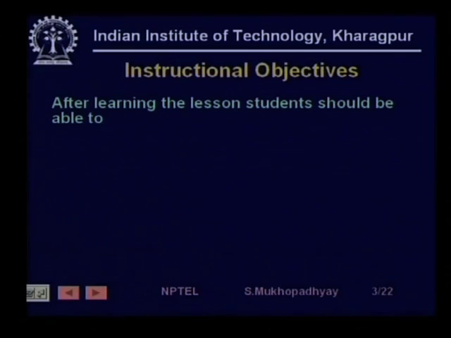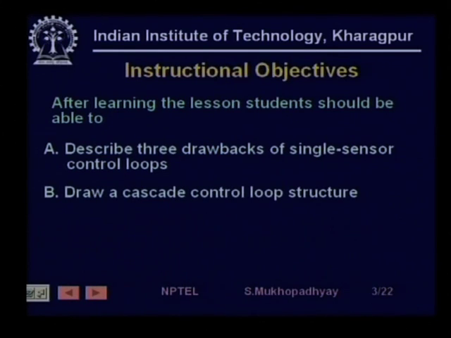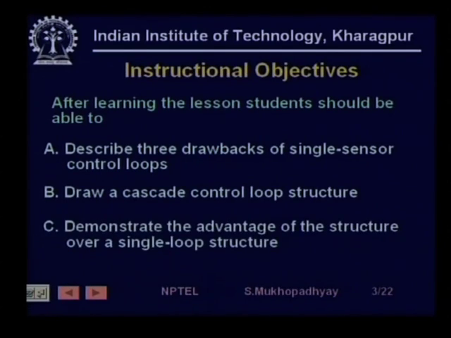So, before we do that, let us first see the instructional objectives. Today after learning this lesson, the student should be able to describe some drawbacks of single loop control, and based on some of these drawbacks we can see that cascade control will address some of these drawbacks, and therefore, we will learn cascade control, and he should be able to draw a cascade control loop and demonstrate the advantages of this structure over a single sensor feedback loop, conventional.